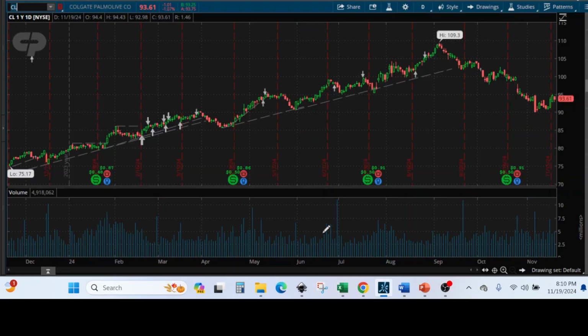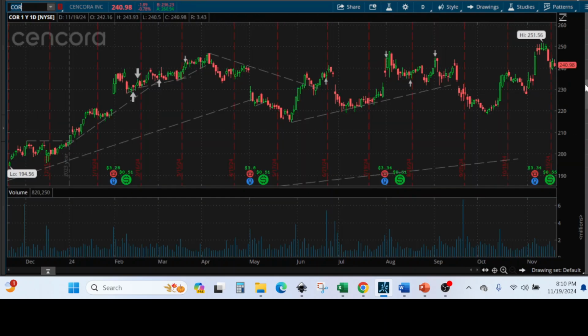COR, we have an uptrend here, but COR is down, a pullback, and it will start going up. Let me see, this one is the highest point.